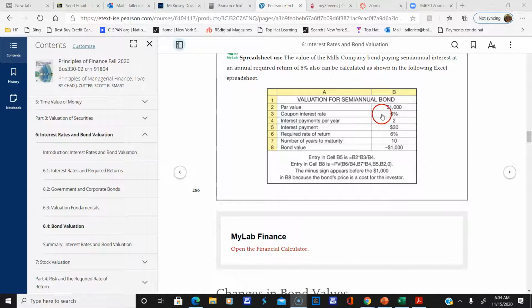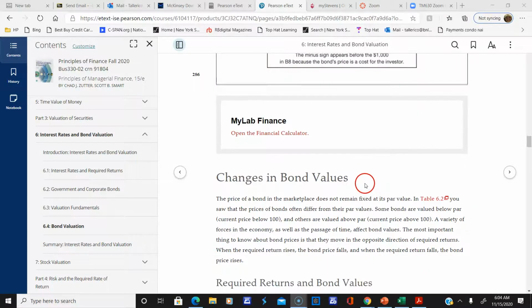So they very conveniently put all the information in just in cells, right? And then they just do cell arithmetic here. You'll notice this is negative because this is what you would be paying if you would have bought that bond. The money would have come out of your pocket, okay? So you should see that.